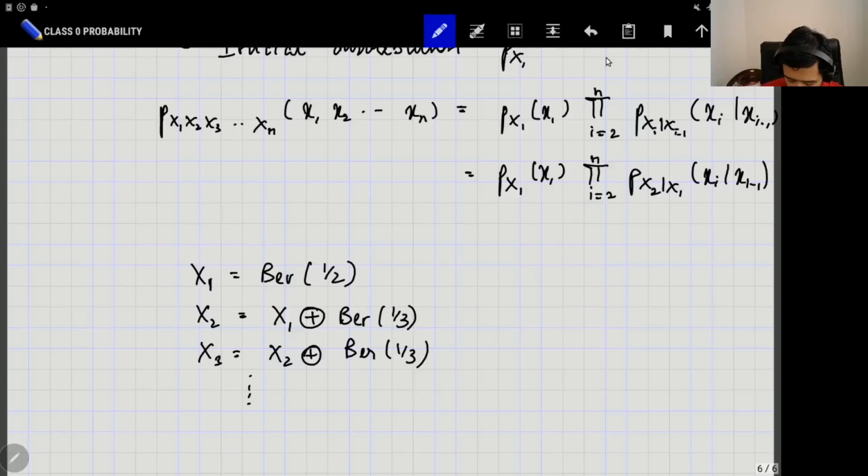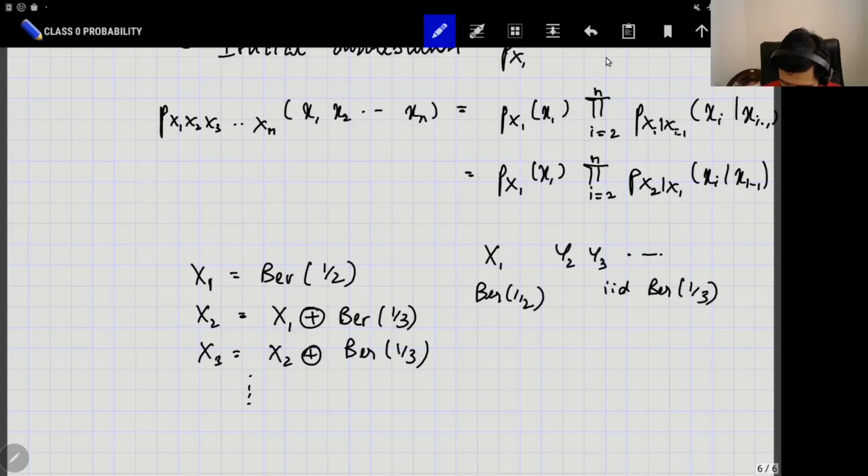So one way of looking at this is the following. You first generate a Bernoulli random variable x1, and then you generate Bernoulli random variables y2, y3 and so on. So x1 is Bernoulli half, and y2, y3 and so on are IID Bernoulli 1/3.